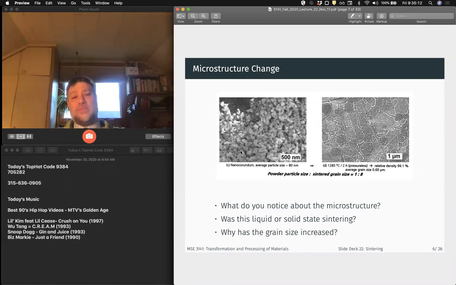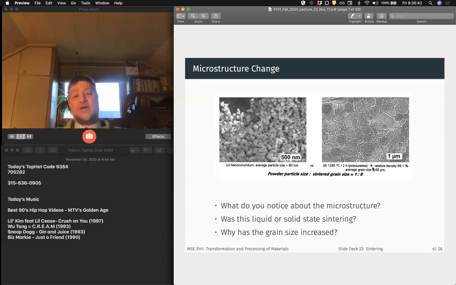So these are particles that are less than 100 nanometers, so a very fine ceramic powder. It's then pressed and heated to 1285 C at atmospheric pressure, and we get something that's over 99% dense, right? And notice that the grains are all significantly larger.